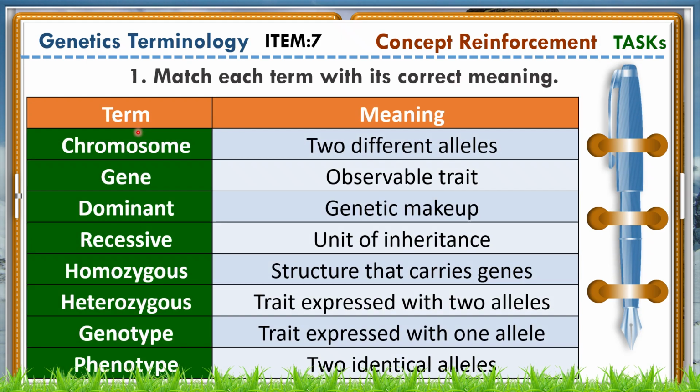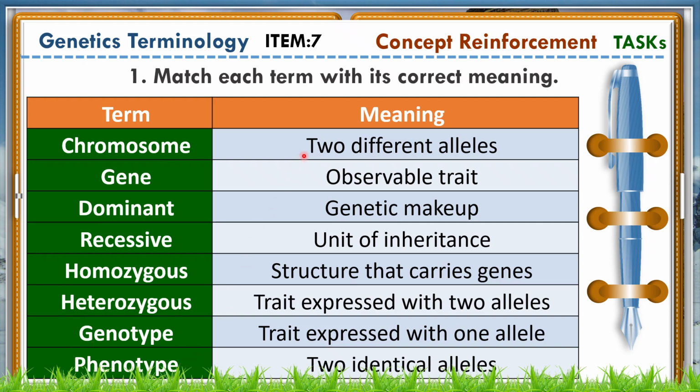So we have the terms here and the meanings, but they may not be corresponding. The terms: chromosome, gene, dominant, recessive, homozygous, heterozygous, genotype, phenotype.